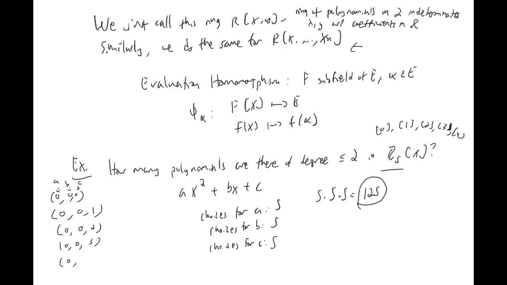I'll write out some of them, 0, 1, 1, 0, 1, 2, 0, 1, 3, 0, 1, 4. I forgot 0, 1, 0, and then the list goes on and on. So there's 125 of them.